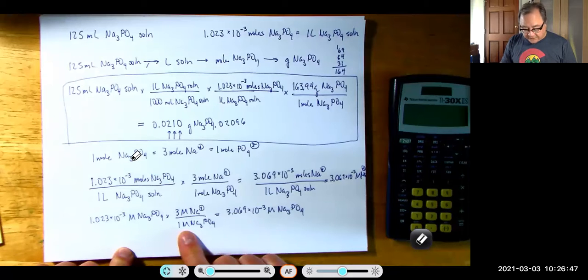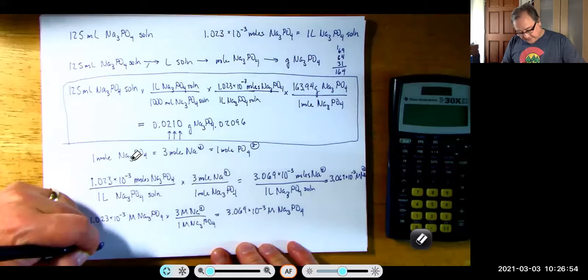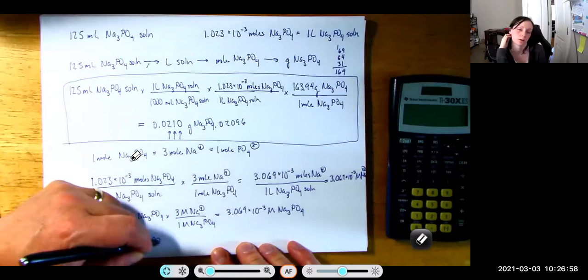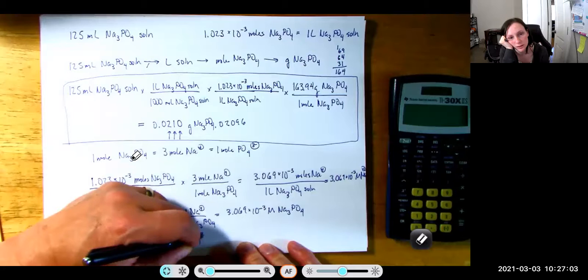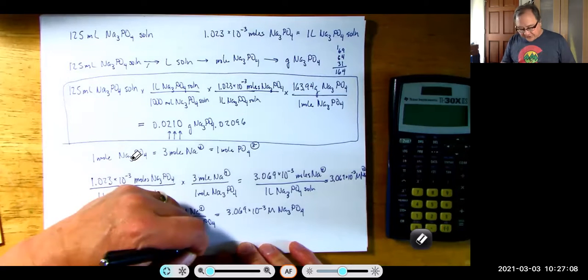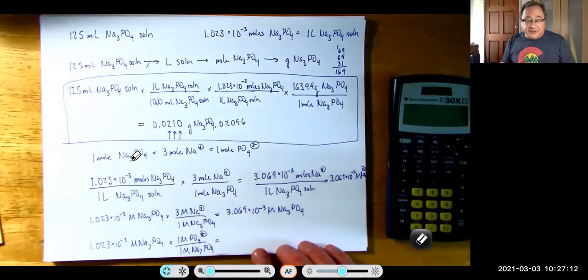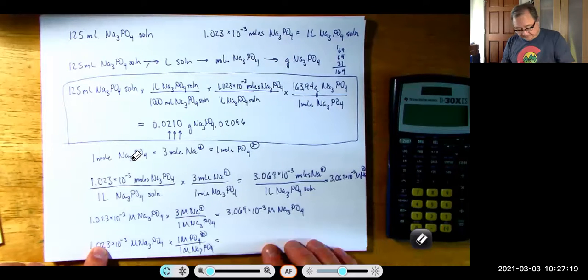So where does that 3 come from? 3 sodium ions. And what would it be for the phosphate? 1 molar phosphate over 1 molar sodium phosphate. Right. And so this is just an easier way to do the above without doing all that work, but still understanding that the concentration of the ion is 3 times greater here, and it's the same. Yeah.